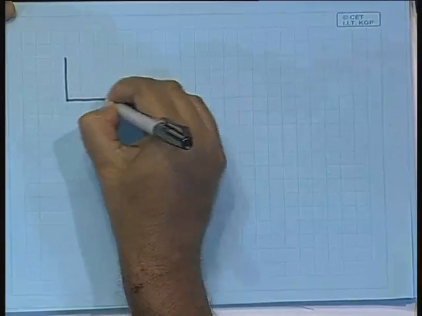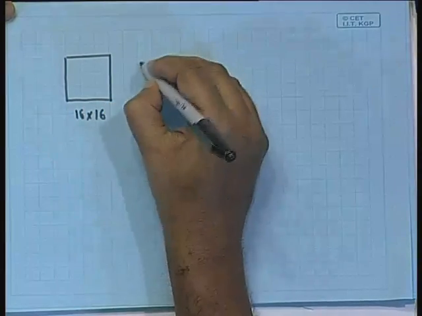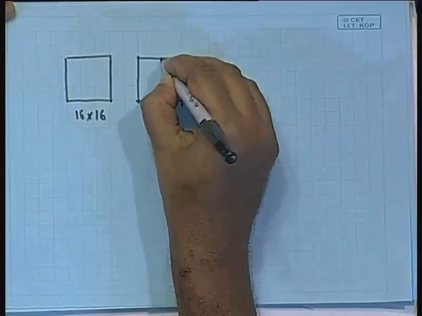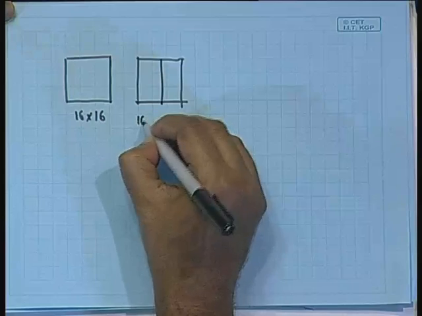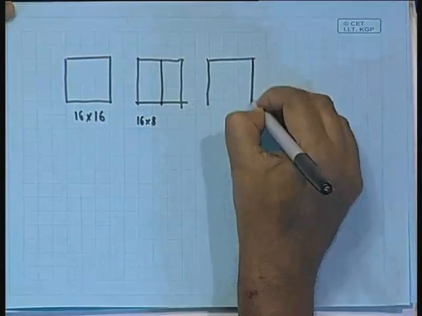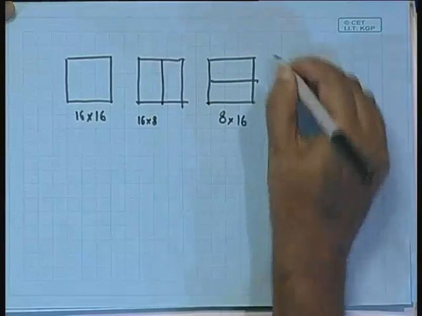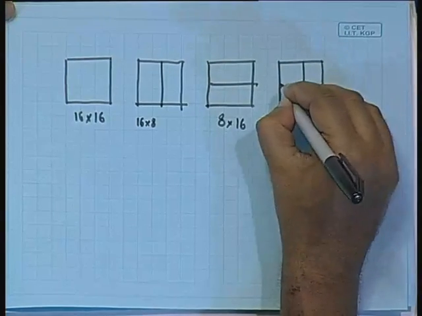If this is the 16 by 16 block size, then it is possible for us to have a vertical partitioning, which we are going to call 2 16 by 8, then we can have 8 by 16 by having horizontal partitioning. One can have 4 8 by 8 partitions.